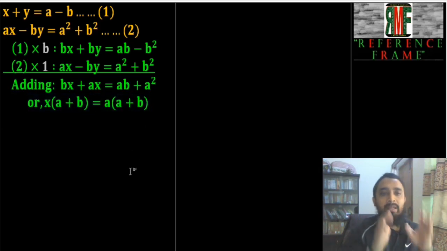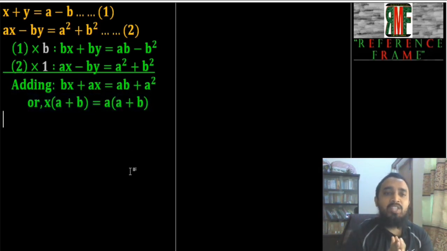Now look here, on the left hand side, a plus b is in multiplication form, or product form, with x, and on the right hand side a plus b is in product form with a. So according to the cancellation law of multiplication, I repeat, according to the cancellation law of multiplication, we can cancel a plus b from both sides.